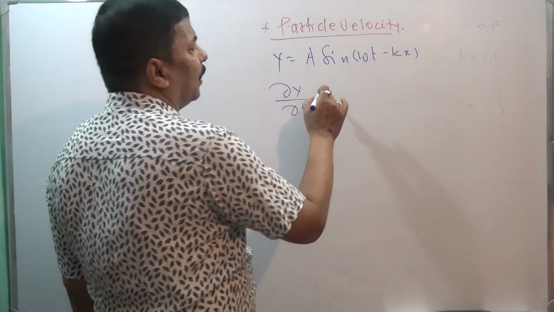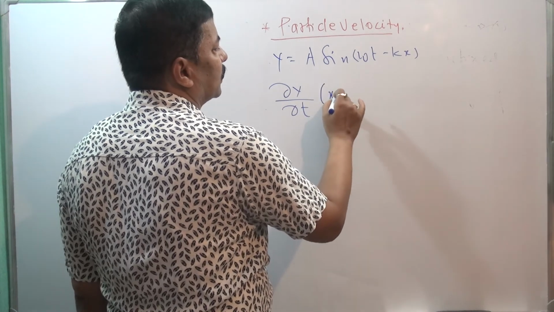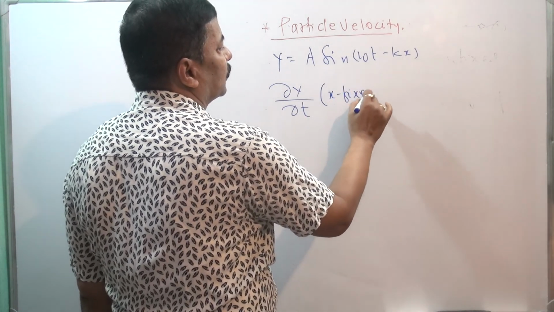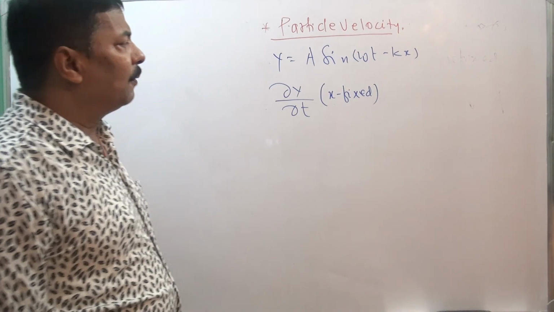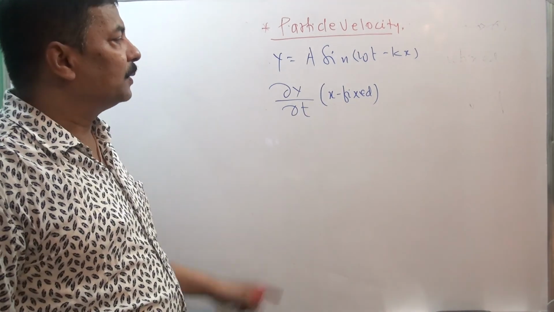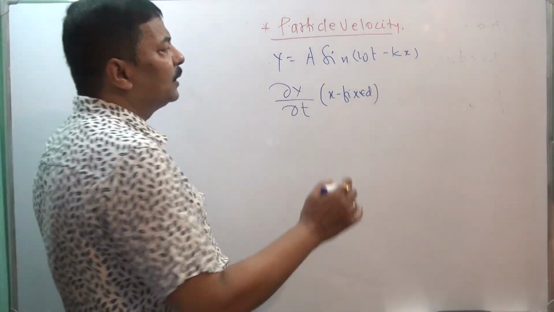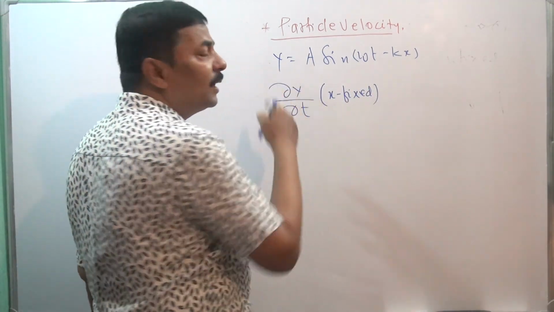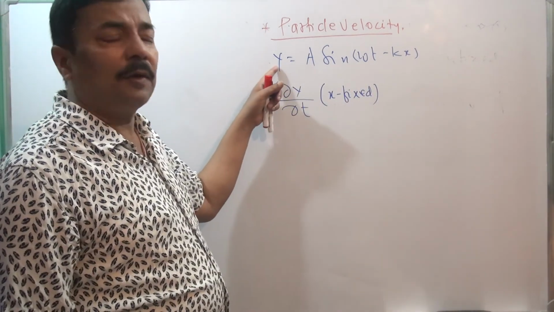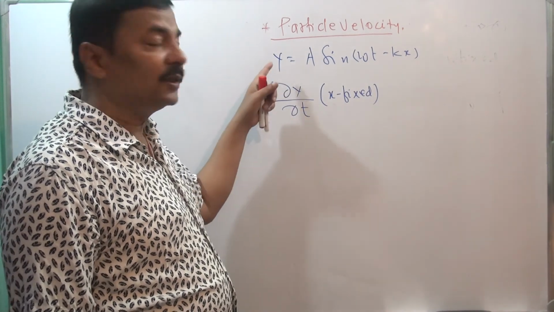Basically, x is fixed. When I am fixing x, that means I am taking the partial differentiation delta y by delta t. What is delta y by delta t? Rate of change of displacement with respect to time, that is the velocity.